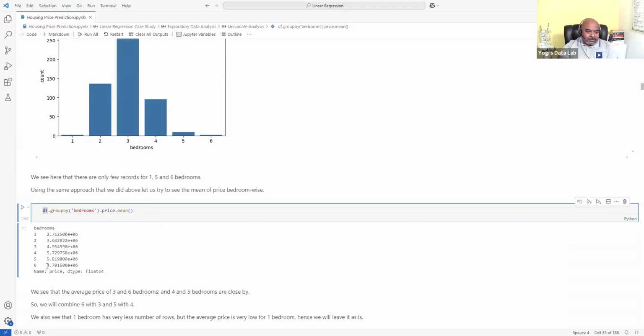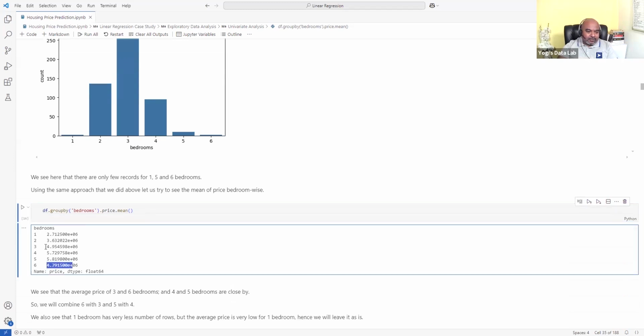Now, if you look at this closely, this is not very close, but approximately I can say 6 and 3 are statistically contributing nearly the same towards the mean price, while 5 and 4 are approximately contributing very similar. However, with 2 bedrooms and 1 bedroom, the prices are very different. So we are going to leave them alone.